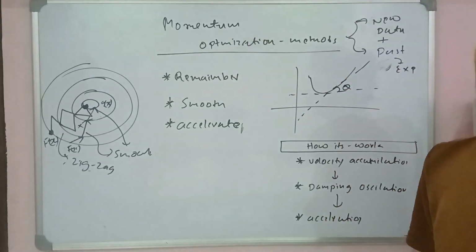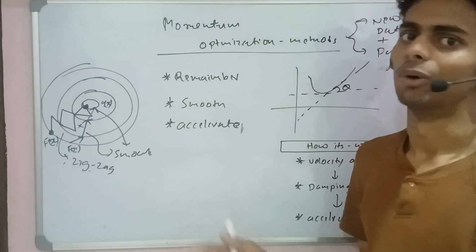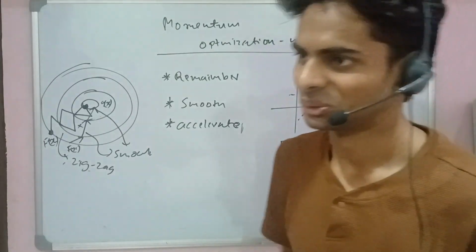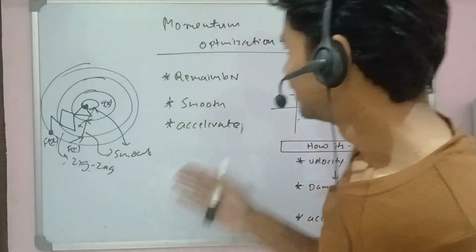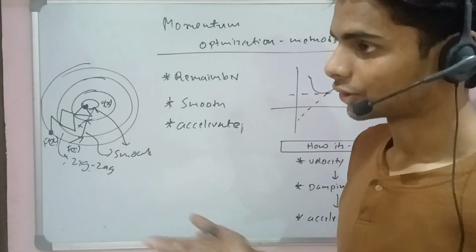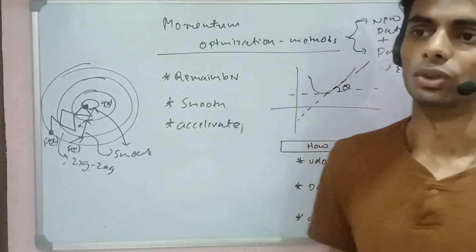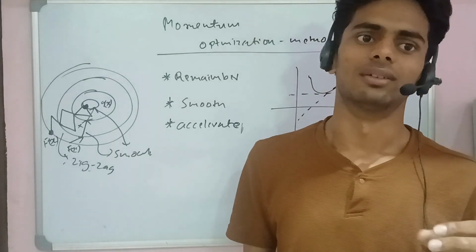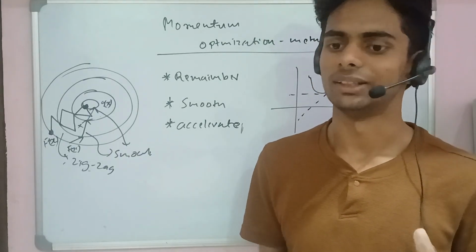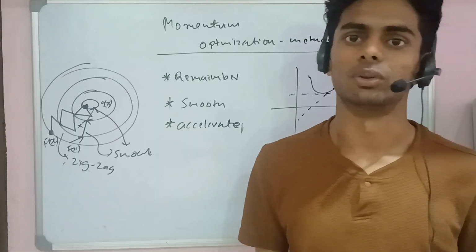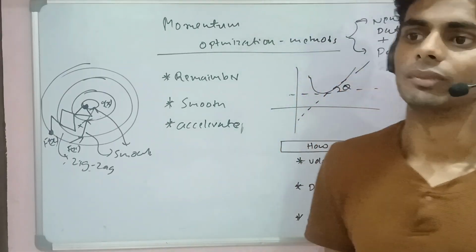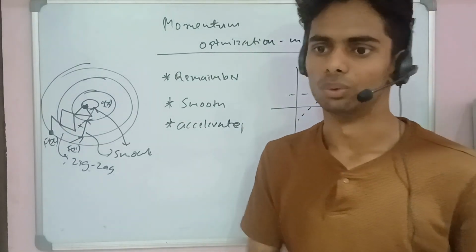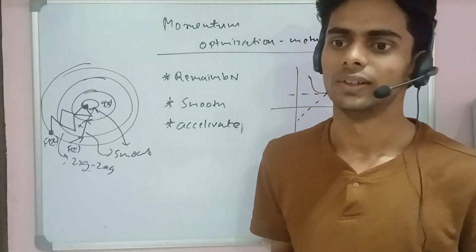It is also cost saving. Momentum sounds like a physics term, something like Newton's second law, where we discuss mass times velocity. But that is a different part of physics, and now we are discussing a different domain, optimization.